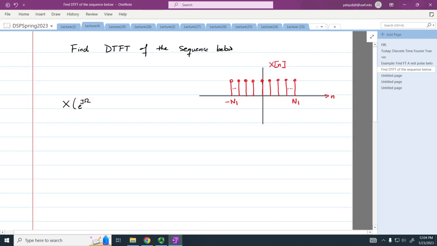X of e to j omega. What is it equal to? According to the formula, it's equal to the summation from n equals negative infinity to infinity of x of n e to the negative j omega multiplied by n. Agree? This is the definition.